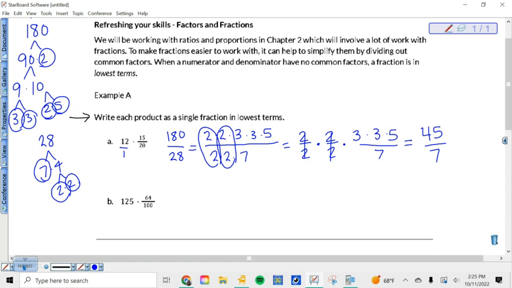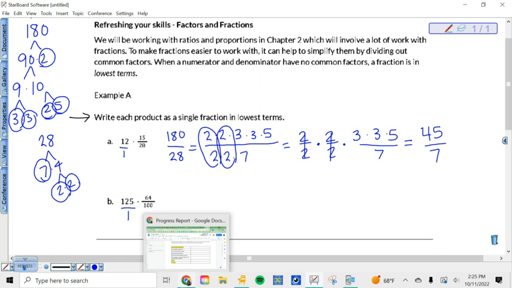So I got 125 times 64 over 100. What am I going to do to multiply that? Yeah, 125 over 1. And then what? Multiply across.